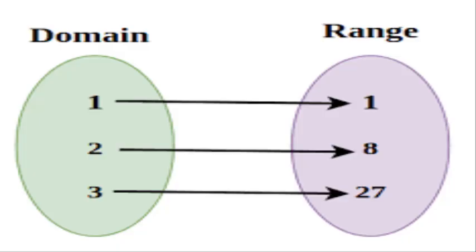Definition of functions. In mathematics, a function is a rule or correspondence that assigns each element in one set, the domain, to exactly one element in another set, the range. This rule specifies how the input values are transformed into output values.